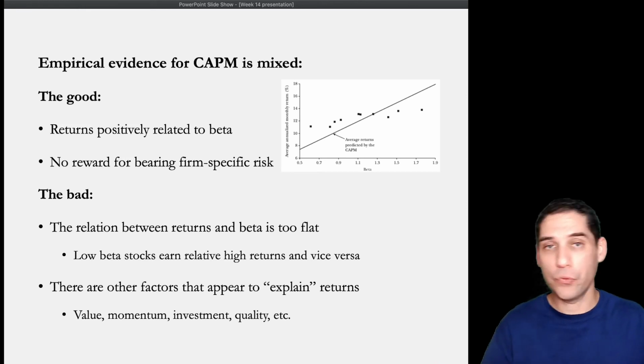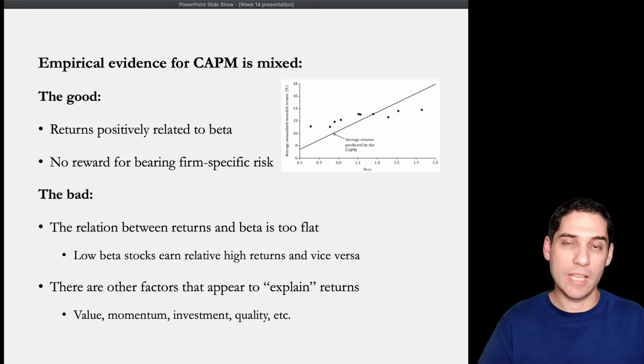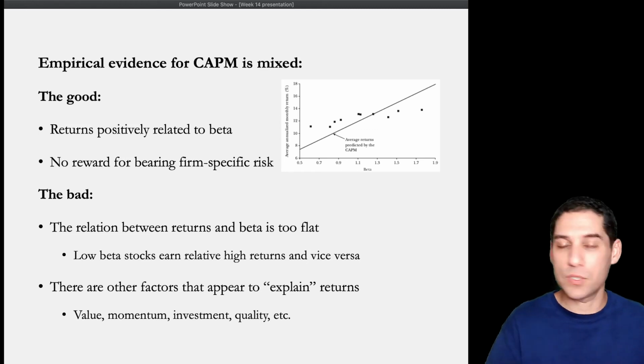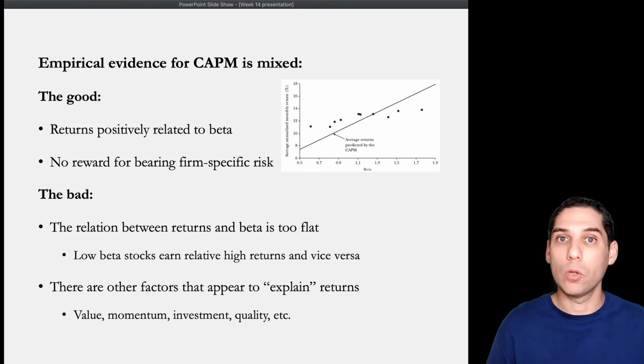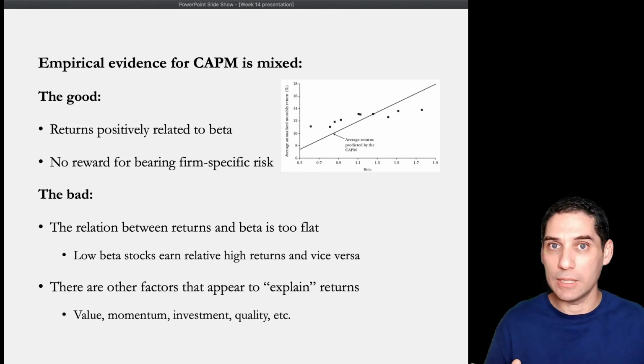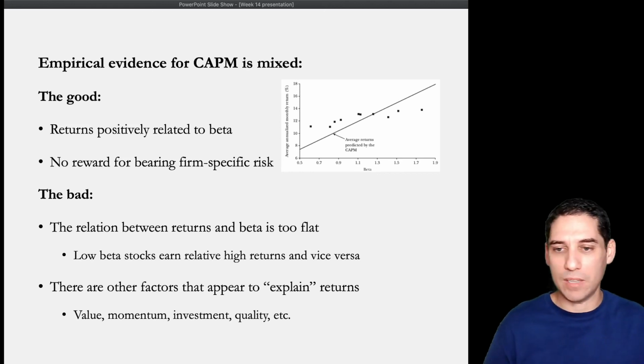As mentioned before and as explained in the book, value stocks historically have earned higher returns than growth stocks. So that's an additional factor that is not in CAPM at all, right? That's what the literature calls an anomaly, or at least if you believe in CAPM, it should not happen. So it's an anomaly from a CAPM perspective.